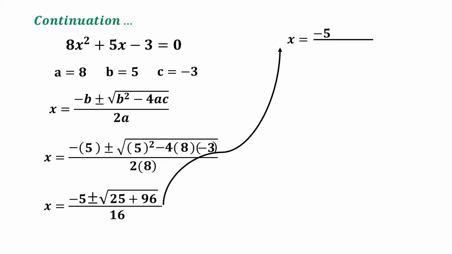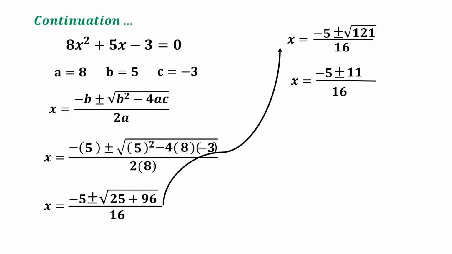Then we have x is equal to negative 5, plus or minus the square root of 25 plus 96, which is the square root of 121, over 16. We have x is equal to negative 5, plus or minus, the square root of 121 is 11, over 16.